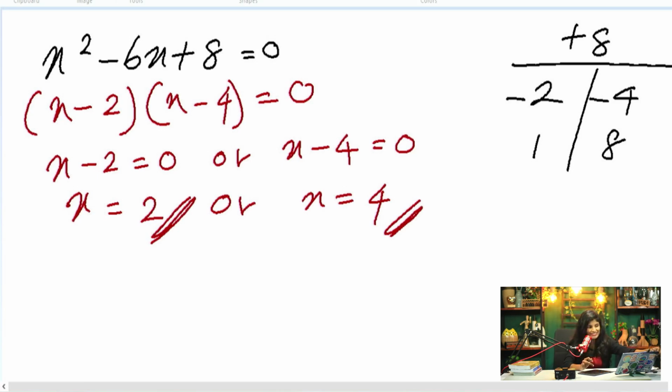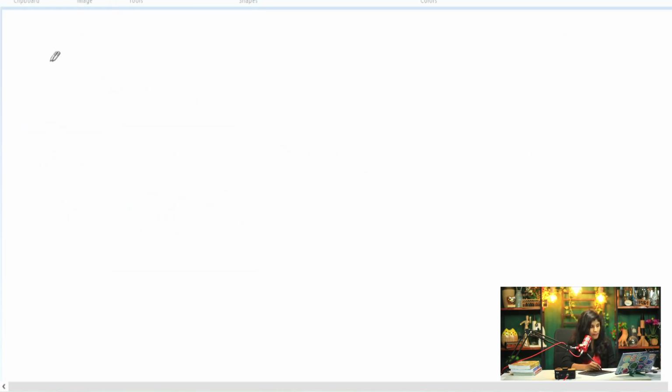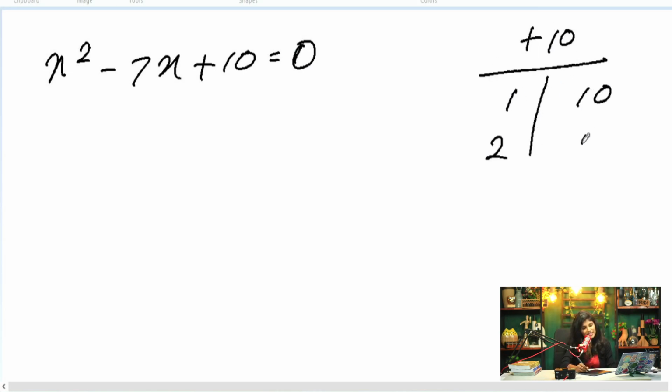Moving to the next question. x square minus 7x plus 10 equals 0. So, positive 10, we can make positive 10 by 1 multiplied by 10 or 2 multiplied by 5. As the middle value is negative, both the numbers should be negative. So, negative 2 and negative 5 add up to negative 7.